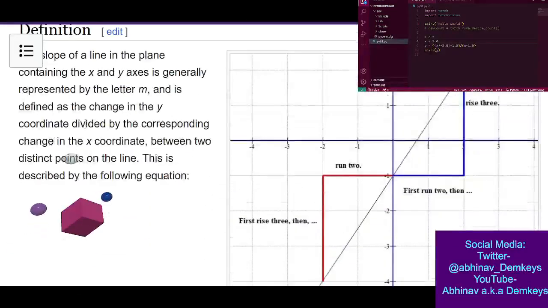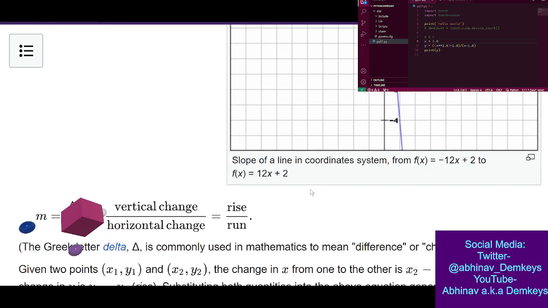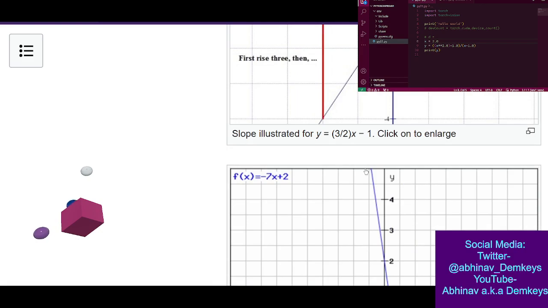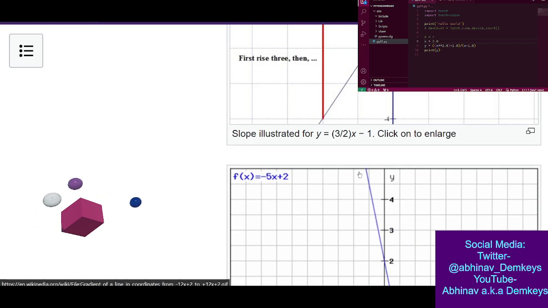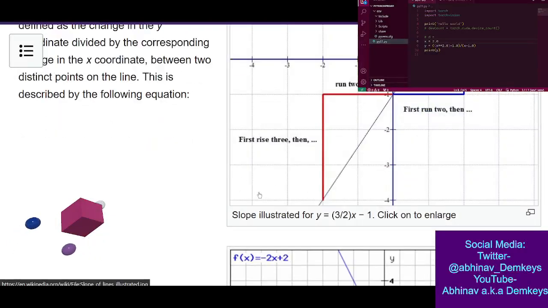Now, the slope is illustrated for y as so-and-so. Slope of a line in coordinate system from f of x equals so-and-so to f of x equals so-and-so. Is that how we would say the slope of the line?